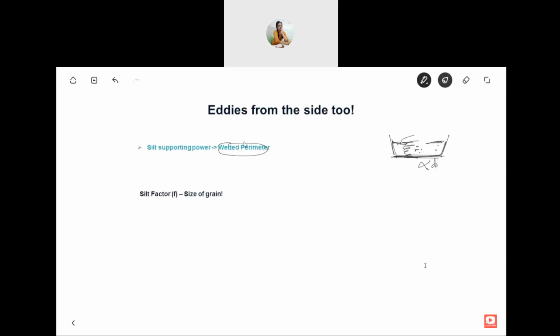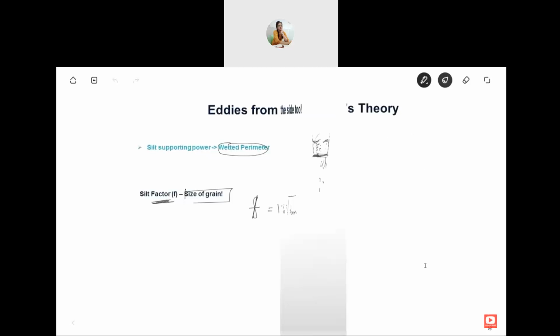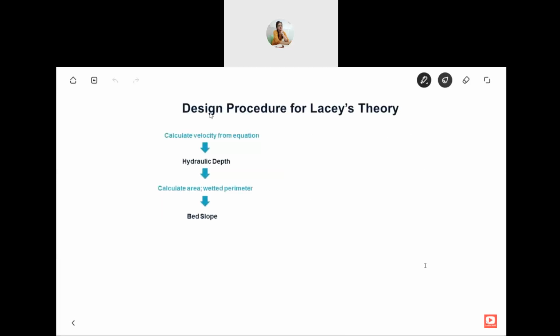And the silt factor which he applied was dependent on the size of the particle in mm. So he defined it as F equal to 1.76 root of d mm, where d is the average particle size in millimeters. Now let us see how to design according to Lacey's theory.